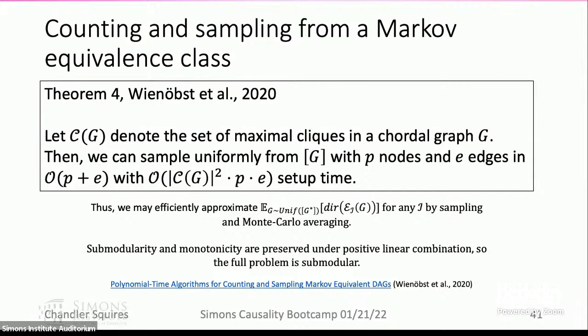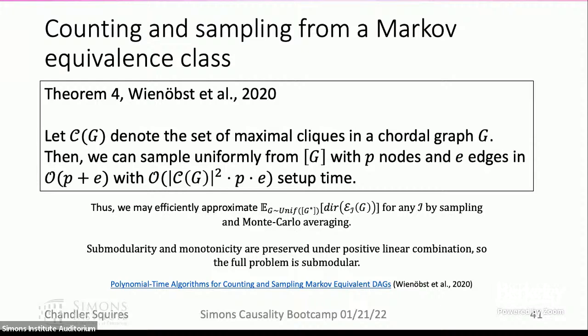And then the question is, how do we efficiently approximate this expected value? As kind of suggested, we're not going to actually enumerate everything and then average it all up. We can do this by a Monte Carlo averaging technique where we just sample a bunch of things and average them until we get within some comfortable epsilon.